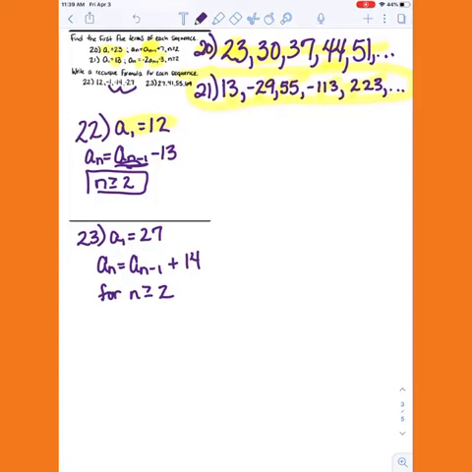Okay, so now going on to the next one. We're looking for number 23. We're looking for the recursive formula. Our first term is 27. So that's my a sub 1. Look what we do to get from 27 to 41. It looks like I add 14, add 14, add 14.